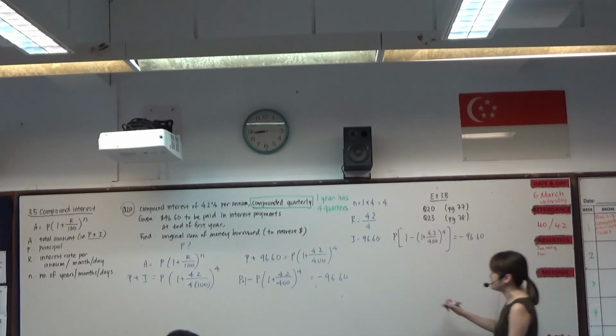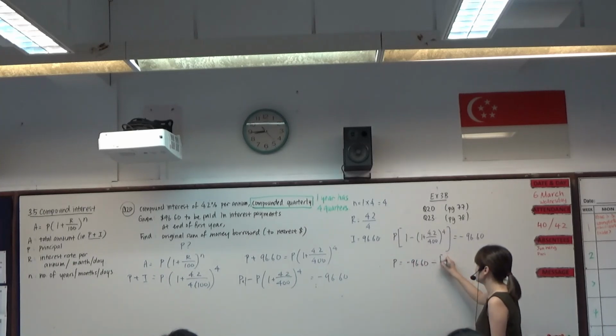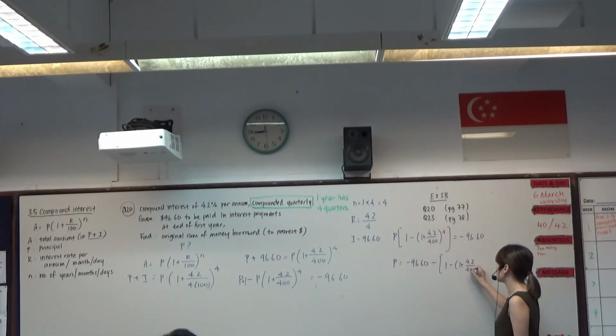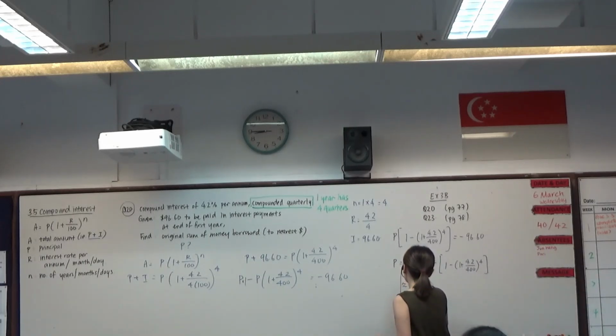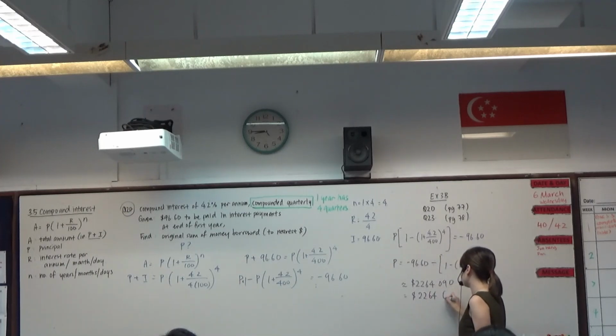Hence your P will be negative $96.60 divided by this entire factor over here. Hence we get about 2264.090. And since the question wants it to be rounded to the nearest dollar, that will be $2,264.